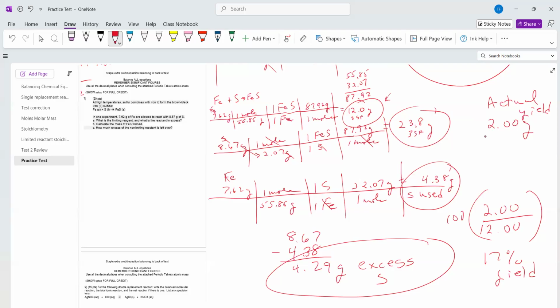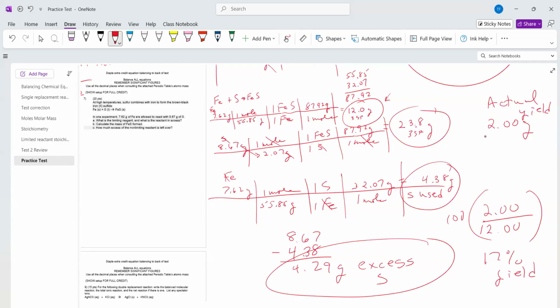This is percent yield. It's a simpler way to go. It's just looking at actual versus theoretical.